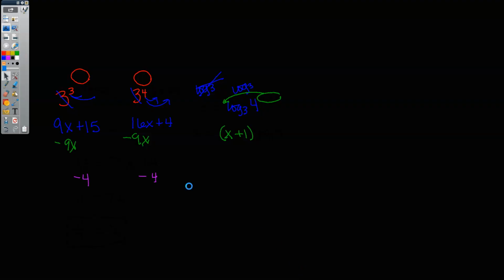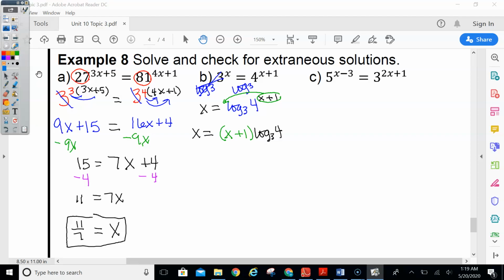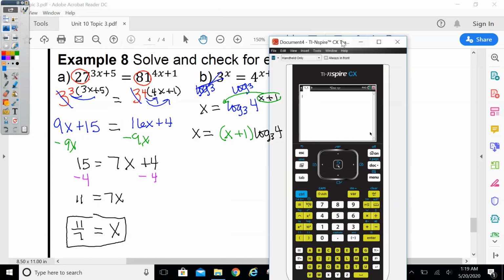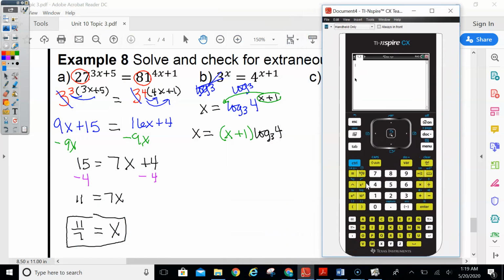So if I pull up the calculator for this one, these are all going to be ugly decimals. So you're just going to have to carry that decimal through. So here, log base 3 of 4 is that decimal. So I'm going to need that one. So what I'm going to do is take that decimal and distribute it inside the parentheses here.